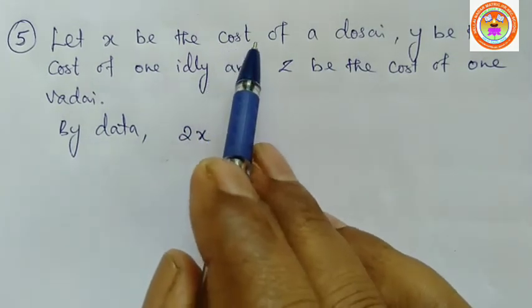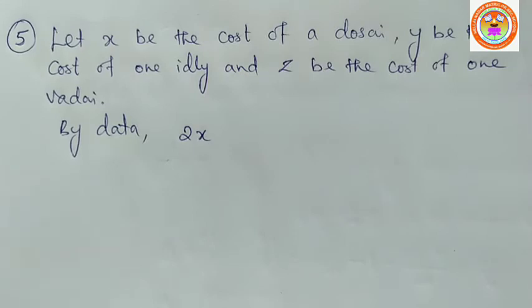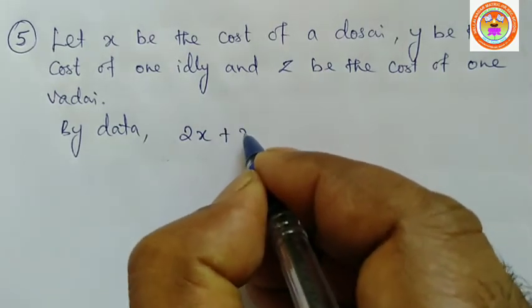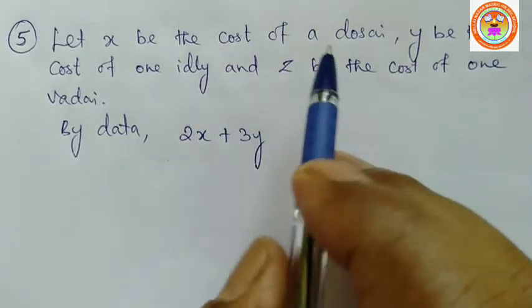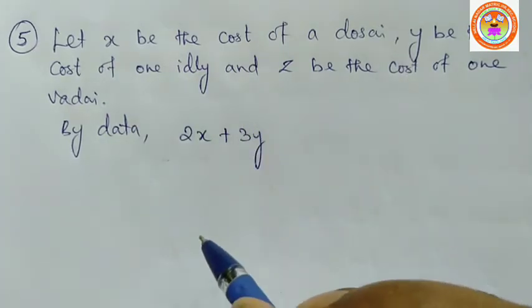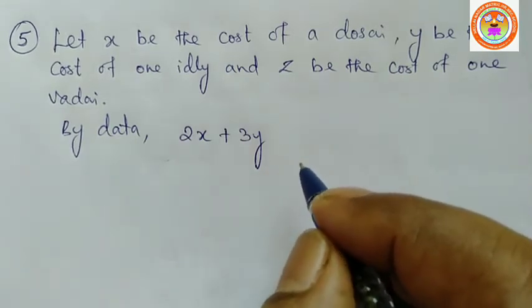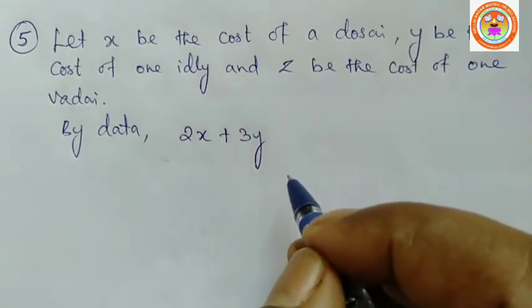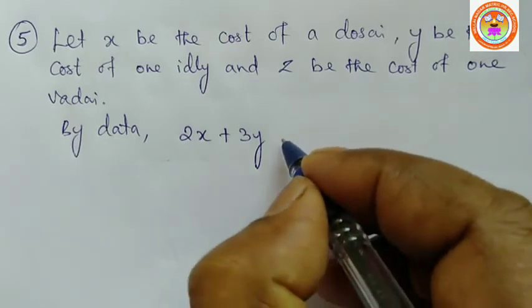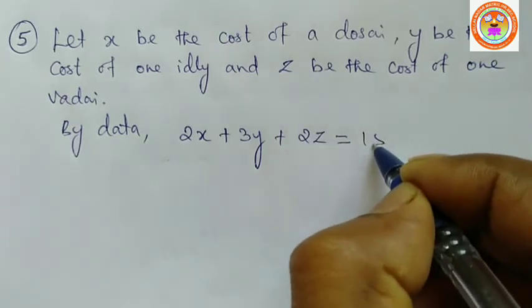Reason is cost of a dosai is x. So 2 dosai means 2x. Cost of 3 idlis, that is 3y. Reason is y is the cost of 1 idli. So 3 idli means 3y. Then the cost of 2 dosai, 3 idlis and 2 vadais, that is 2z, which is equal to 150.